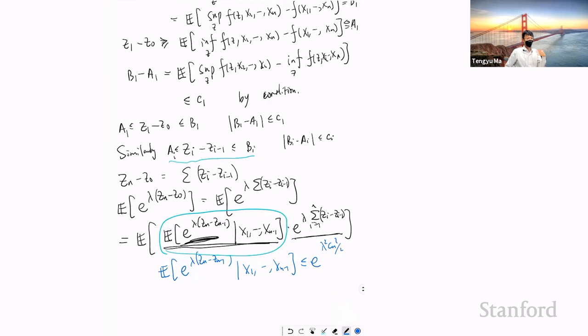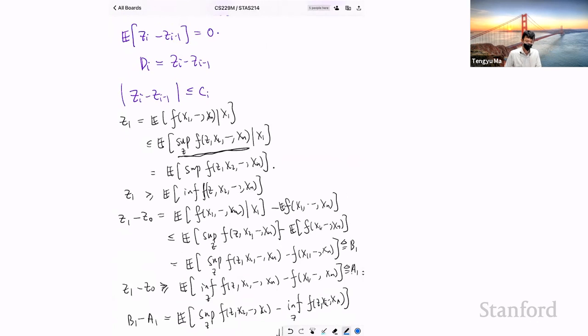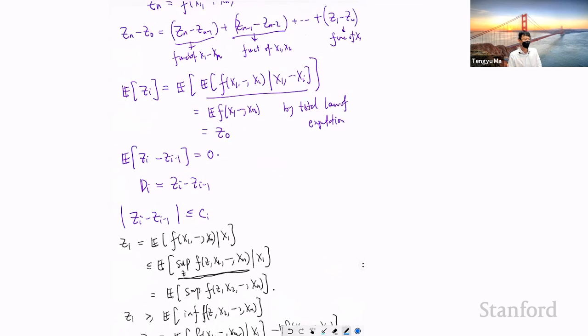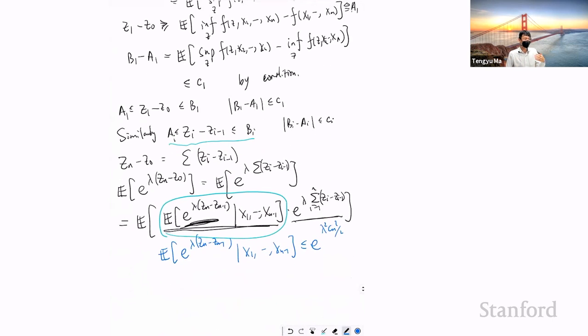This is because if you have a bounded random variable, we know that it's sub-Gaussian. You can verify this in various ways. Actually, this will show up in the homework. It is one of the homework questions we define. If you have a bounded random variable, it's sub-Gaussian, and you can bound your moment generating function.